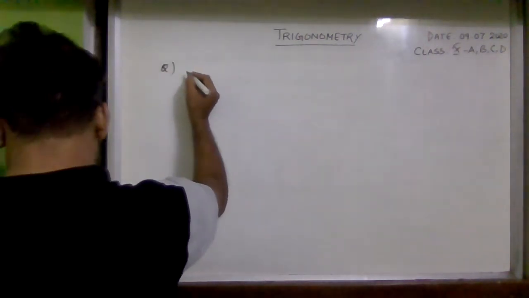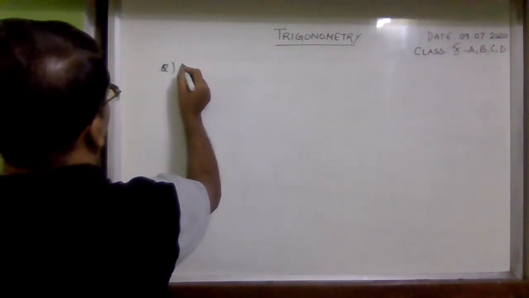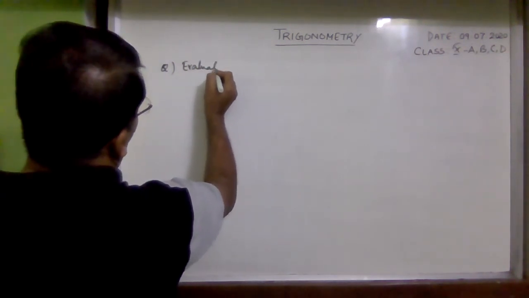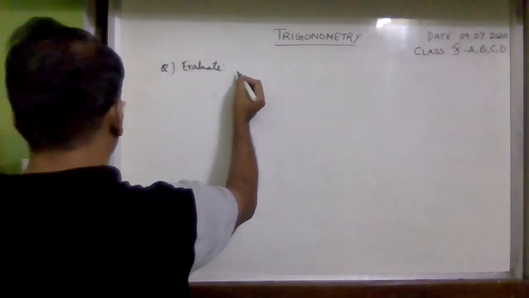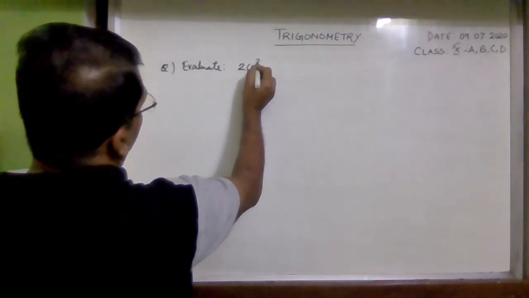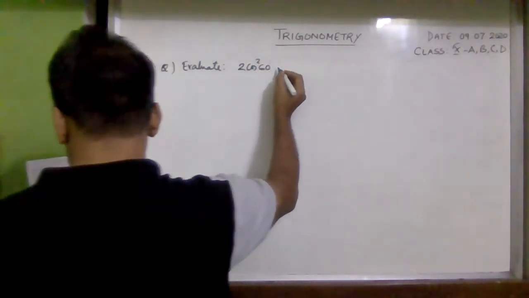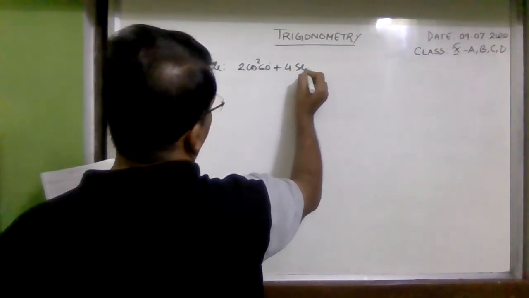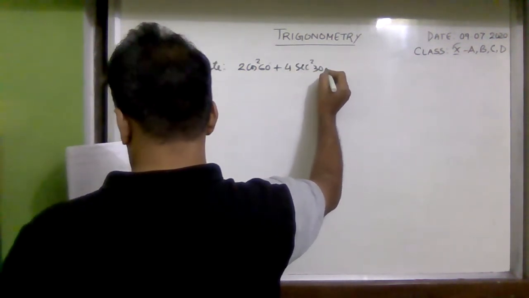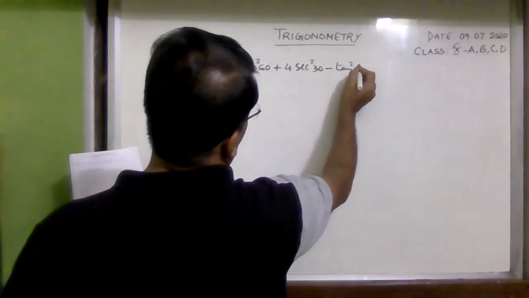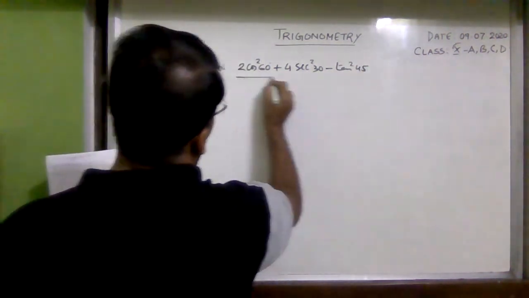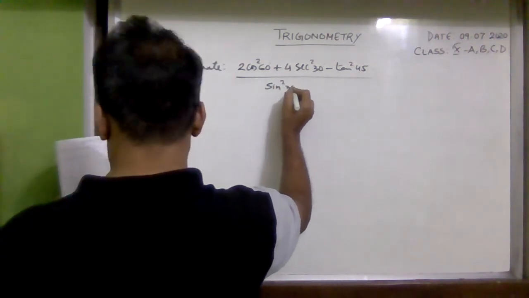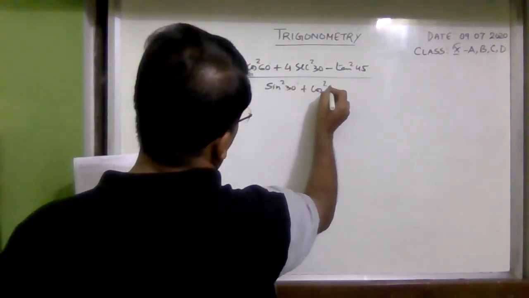I'll do one more question. Evaluate 2 cos square 60 plus 4 sec square 30 minus tan square 45 upon sin square 30 plus cos square 30.